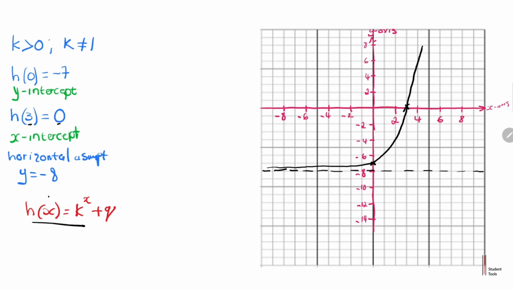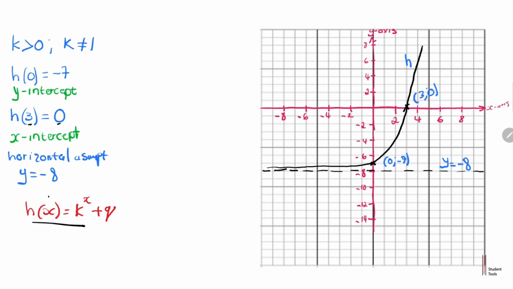You will have to sketch a neat graph. We label this as h. Here we write (3, 0), the x-intercept, and here we have the y-intercept, which is (0, negative 7). And here we label our asymptote, which is y equal to negative 8.